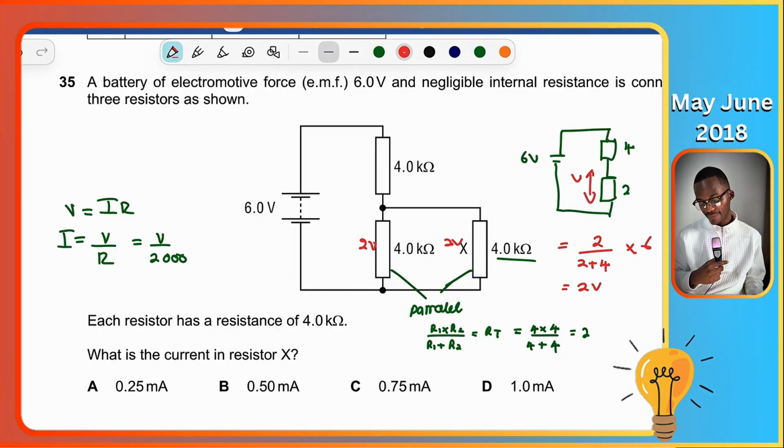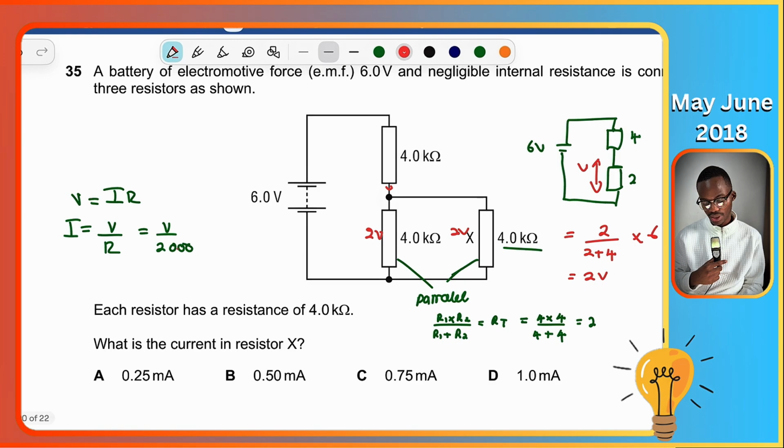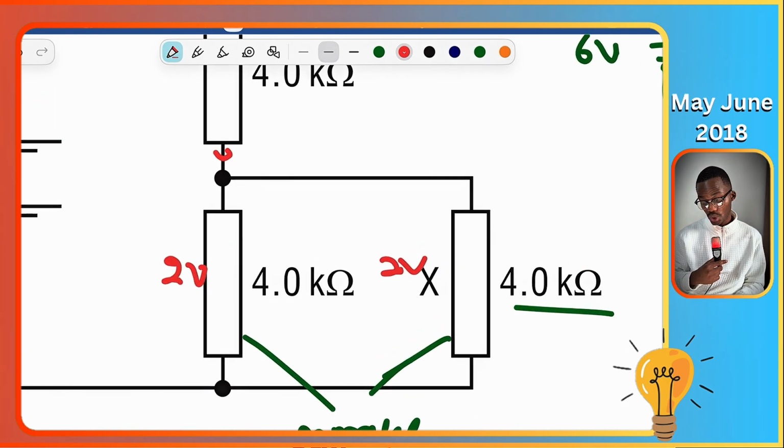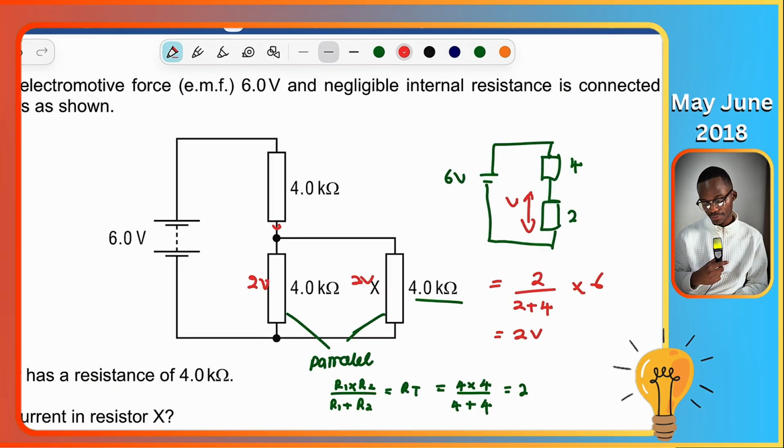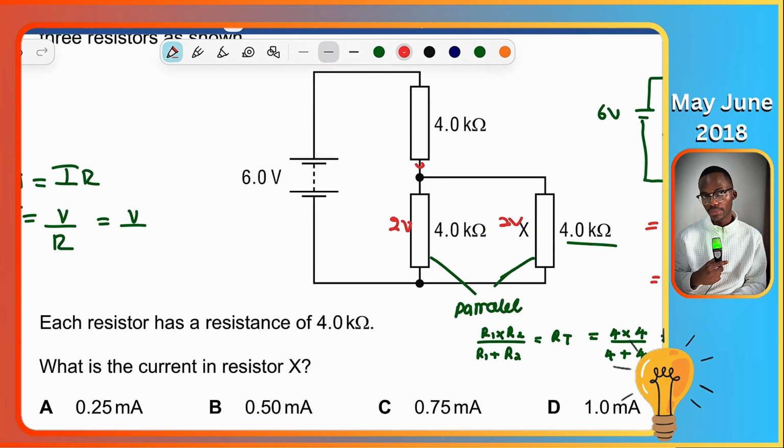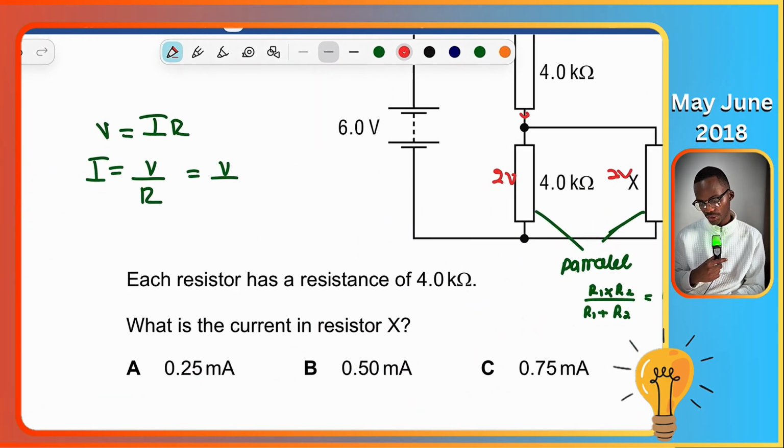To find the current flowing through these, we're going to use 4000 versus the resistance towards X that we're interested in. Because they're in parallel, they're going to have the same potential difference. So we're going to have V divided by 4000. So 2 over 4000 is going to be 0.50 milliamps, which is B.